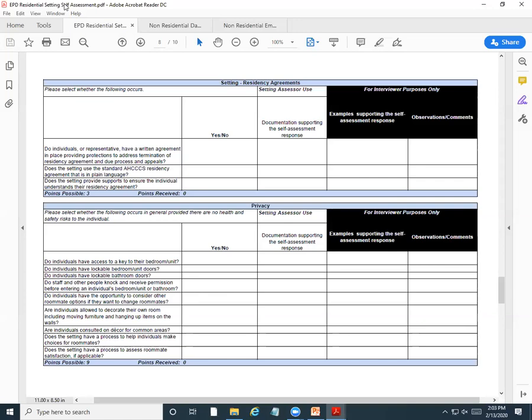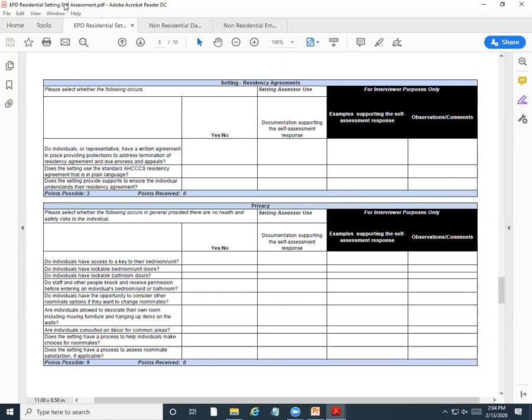Are individuals allowed to decorate their own room, including moving furniture and hanging up items on the wall? I think that one's already in practice. We're just adding it to an assessment. Are individuals consulted on decor for common areas?